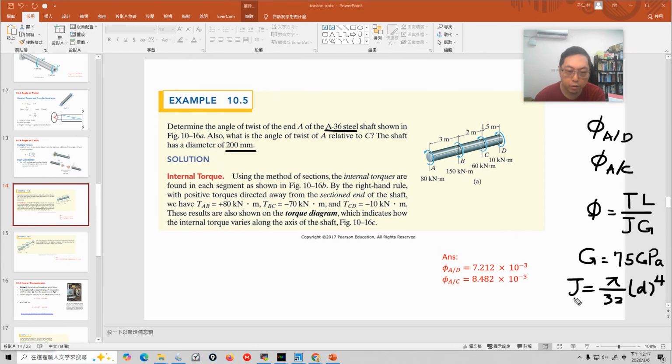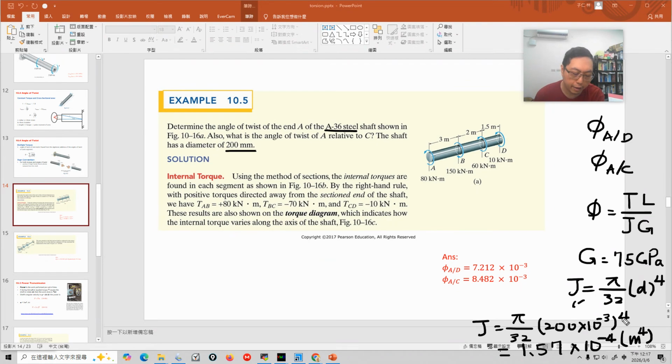Let's first calculate J. Summarizing the information, we have 200 millimeters, to the power 4. Don't forget it's to the power 4. Its value is 1.57 times 10 to the power minus 4, and its unit is meters to the power 4.